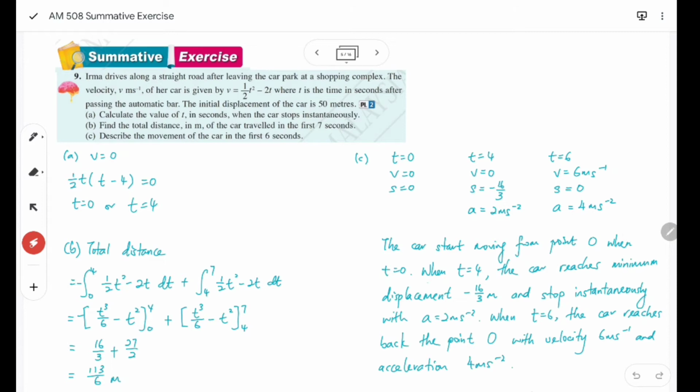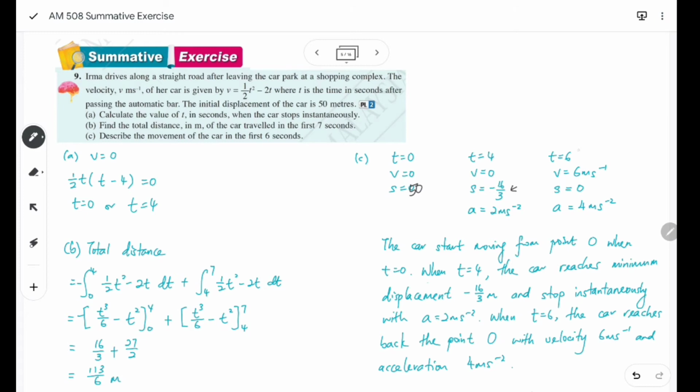C. Describe the movement of the car in the first 6 seconds. So when t equals 0, v equals 0, and s is 50 meters. At t equals 4, v equals 0, and s will be, we need to calculate, negative 16 over 3.